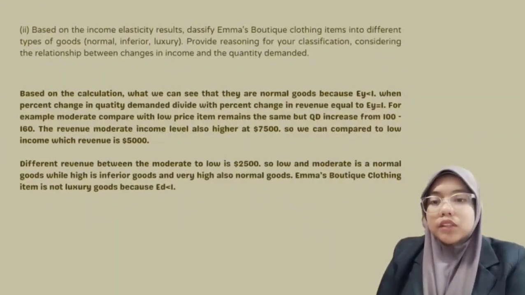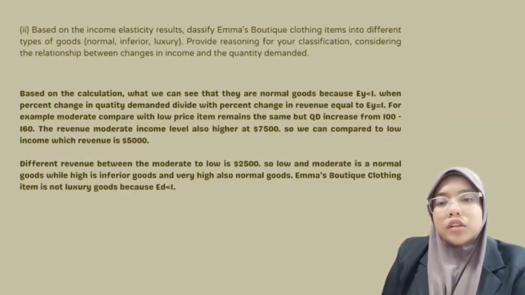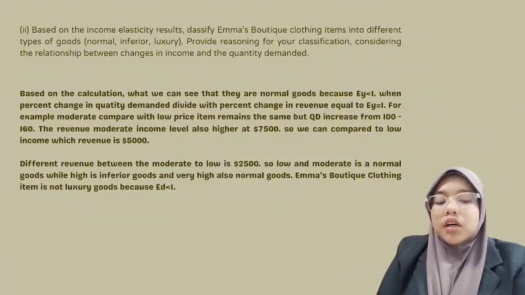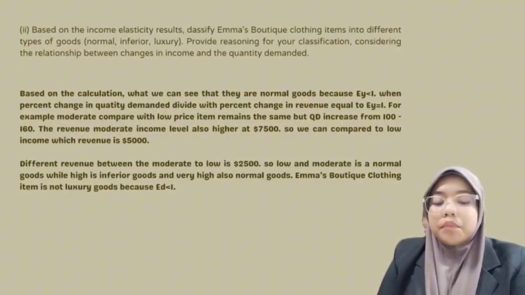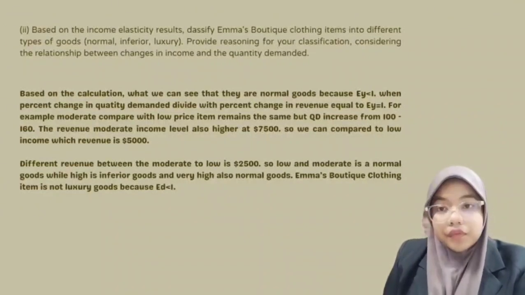So based on the calculation, we can see that they are normal goods because the elasticity of demand is less than 1. Percentage change in quantity demanded divided by percentage change in revenue equals elasticity of demand equal to 1. For example, moderate compared with low: the price item remains the same, but quantity demanded increases from 100 to 150.